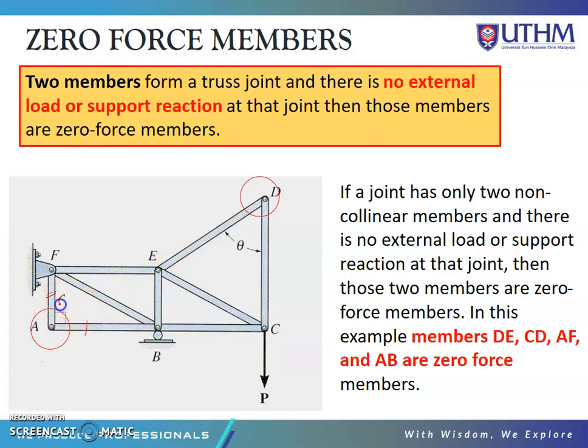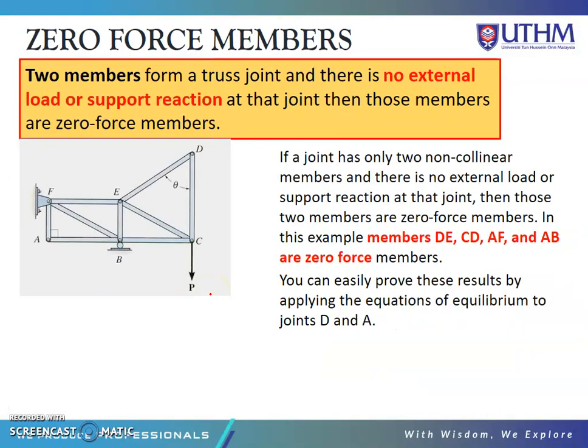So this will become a zero force member, and this one is also a zero force member. The FDE will also become a zero force member, and FDC will also become a zero force member. So members DE, CD, AF, and AB will become zero force members.